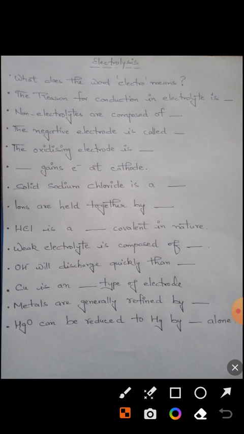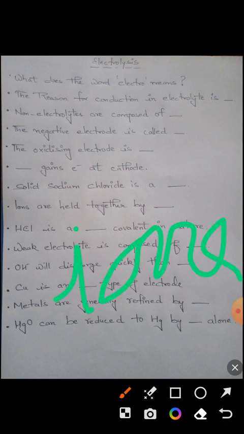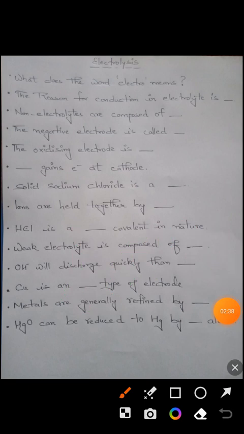Why? Because for conductivity you need ions. But in the case of non-electrolyte, you are getting molecules, and molecules do not conduct. And I gave you examples like glucose, urea, alcohol. All these are examples of non-electrolyte. Hope the answer is clear.